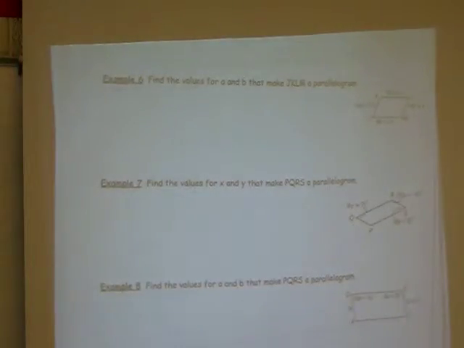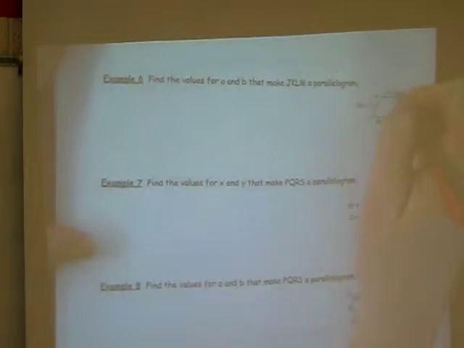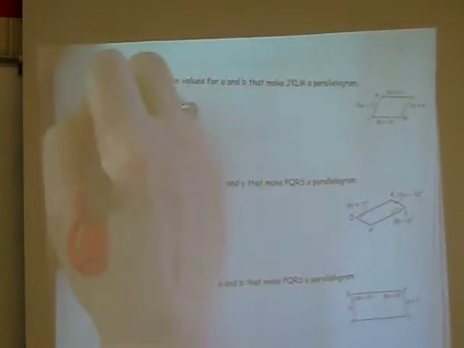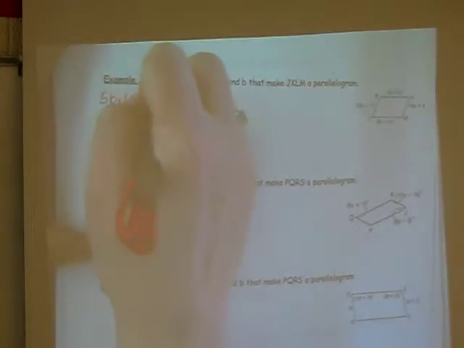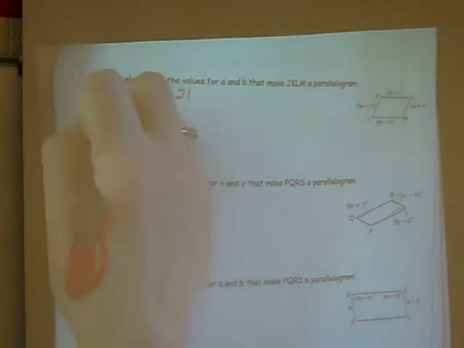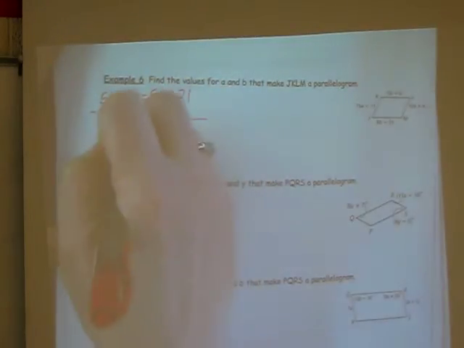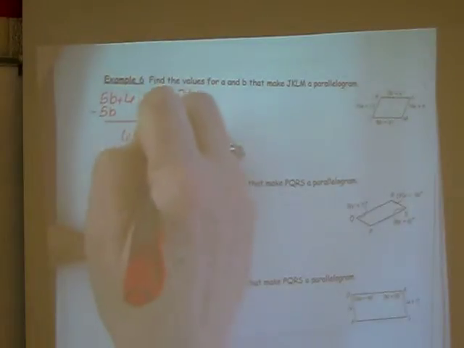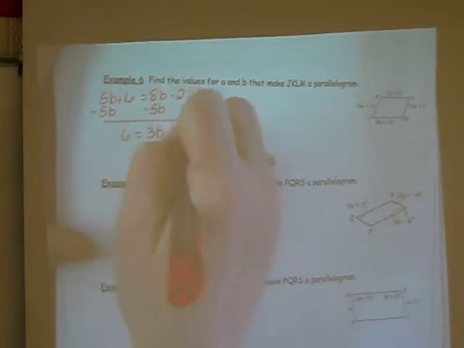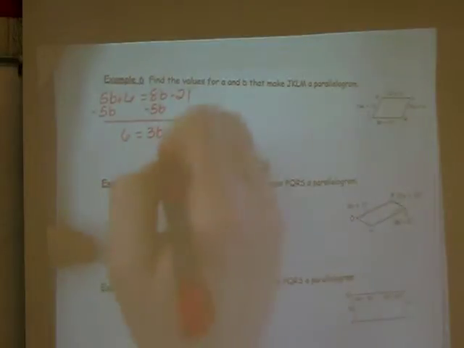In example 6, we are asked to find the values for A and B that make JKLM a parallelogram. Well, opposite sides are congruent, so we can say 5B plus 6 equals 8B minus 21. Solving that, we subtract 5B from both sides, and we have 6 equals 3B minus 21.